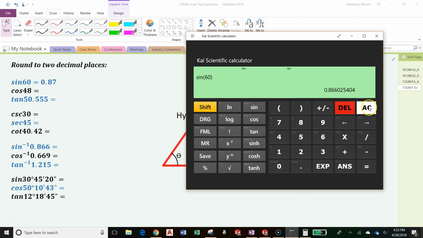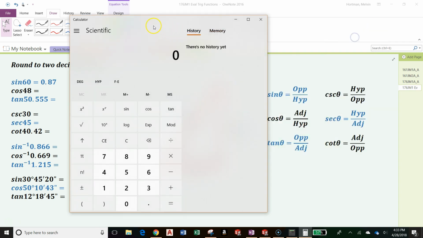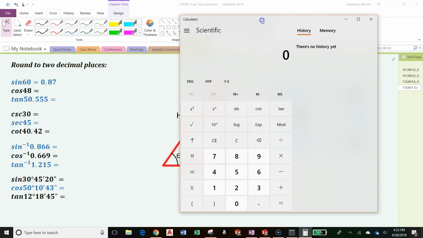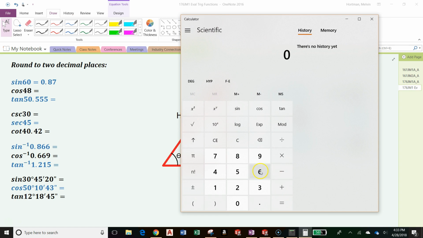Now let's clear the calculator, and you usually have a clear button or something that says AC, and let's try it on this different calculator over here. For this calculator, we would have to enter the 60 first and then click on sine, and that yields us the same answer. However, this calculator goes out to many more places.